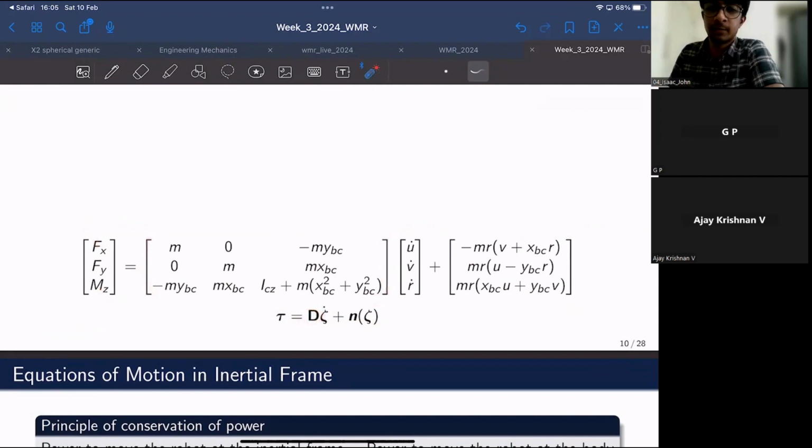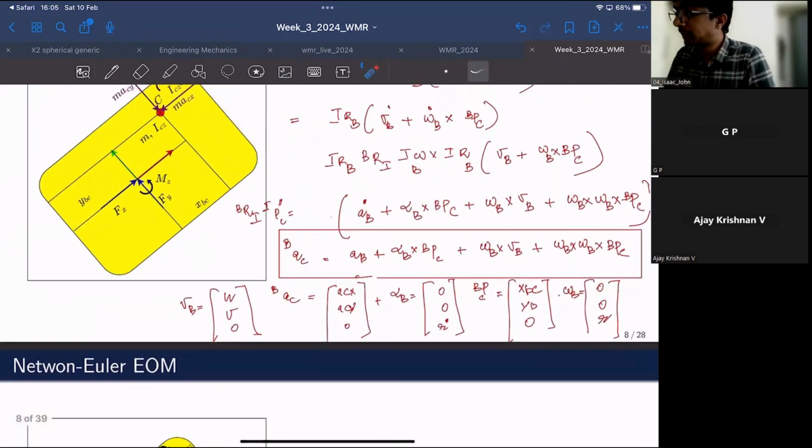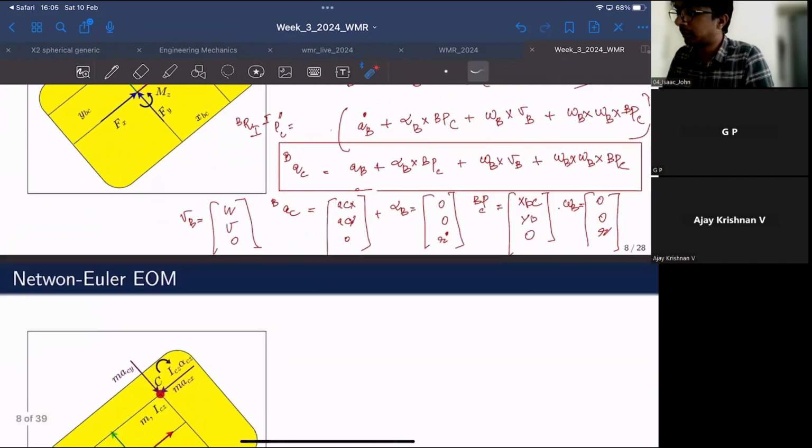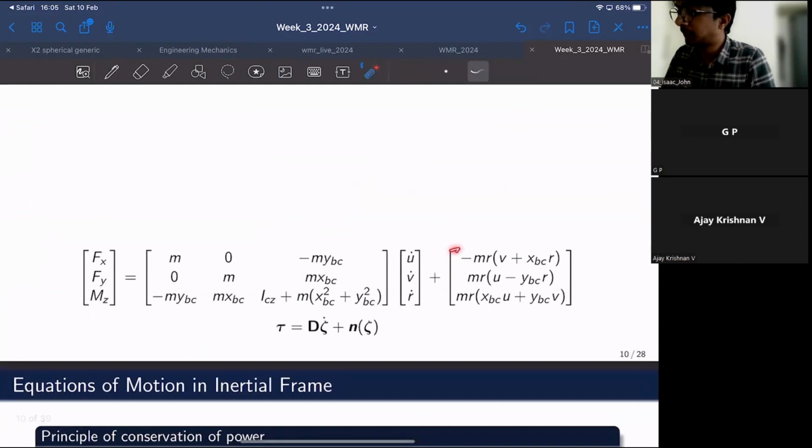This is a mass matrix, and zeta dot is the derivative of the velocity vector. So u dot, v dot are accelerations, and r dot is the angular acceleration. And over here, this is a vector of centrifugal plus Coriolis terms. We have identified which are the Coriolis terms and which are the centrifugal terms, and this vector comprises both.